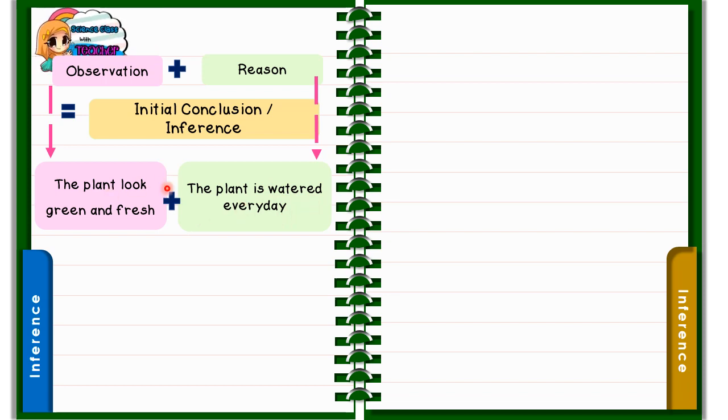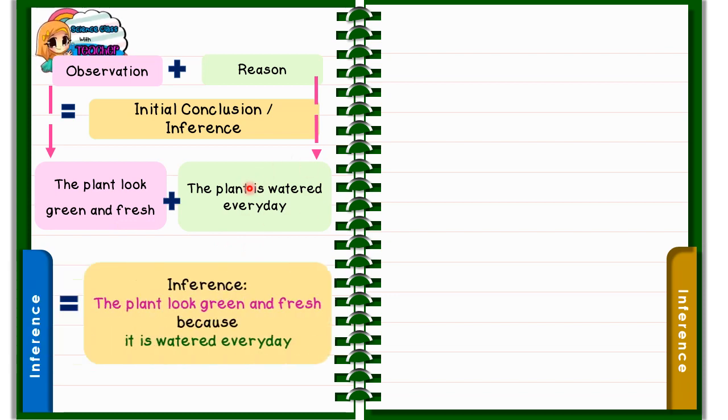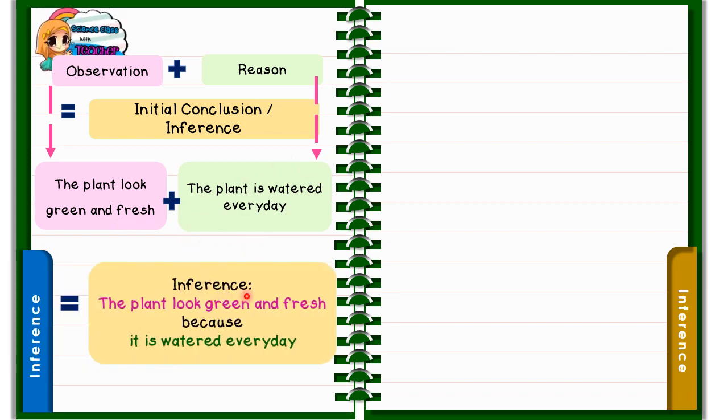When we combine the observation and the reason together, we get the inference. So, the inference is the plant look green and fresh because it is watered every day.